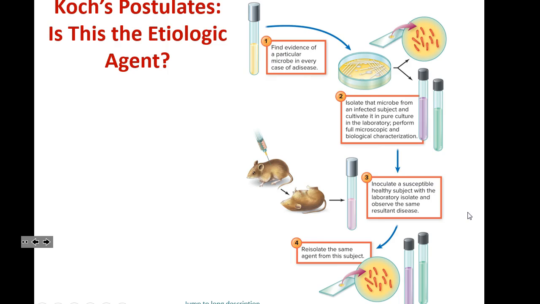Then they inoculate a susceptible healthy subject, like a healthy rat, with the laboratory isolate and observe the same resultant disease. Re-isolate the same agent from this subject. And what you should have is the same agent that you started out with.